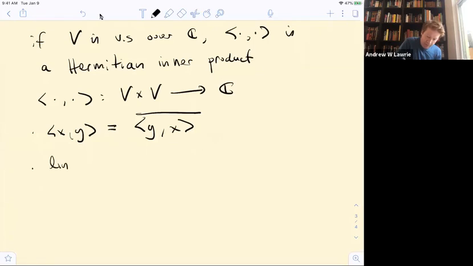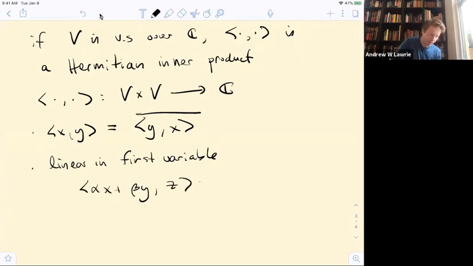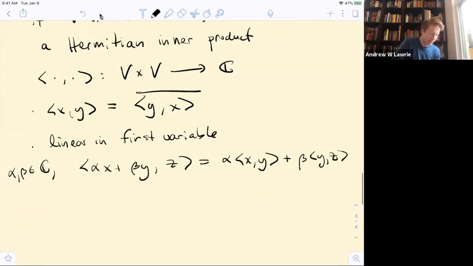Linearity holds in the first variable, meaning if I have alpha x plus beta y paired with z, then this is equal to alpha times the inner product of x and z plus beta times the inner product of y and z, where alpha, beta are in C. It is conjugate linear in the second variable.